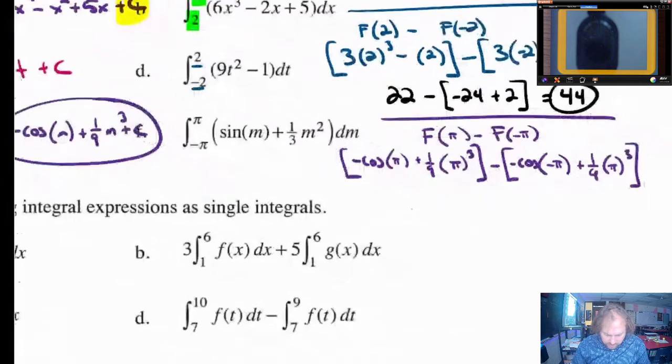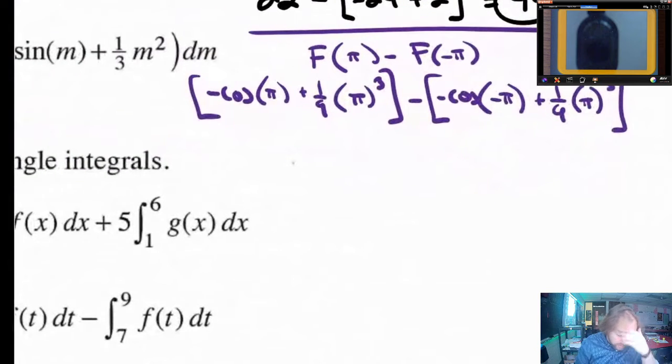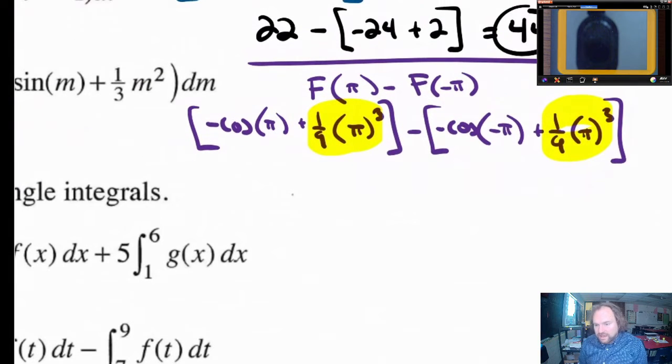Okay, so we got to be careful about this one. Now, here's the cool thing: I do know that these two are actually going to cancel out, because that is the same thing. 1/9 pi to the third, 1/9 pi to the third. They're just going to cancel out. I'm going to keep them there for now to show you what's going to happen. But as far as the negative cosine of pi, it is -1. And so -1 is there.